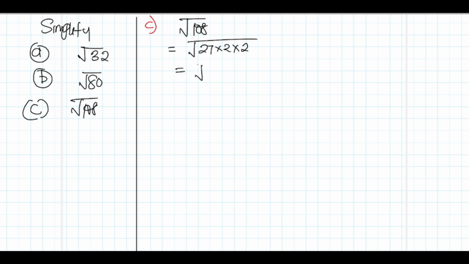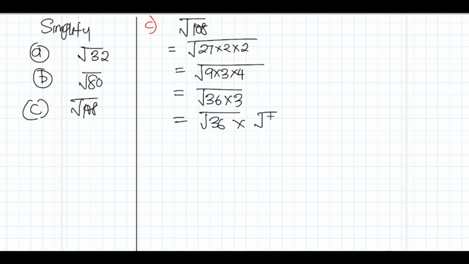So we can further break this one down to 9 times 3 times 4, okay? And then we can multiply the perfect squares. 9 times 4 is 36 times 3. And then we can separate the square root now, multiply by square root of 3. The square root of 36 is 6, square root of 3 is a surd. So that will be 6 root 3.